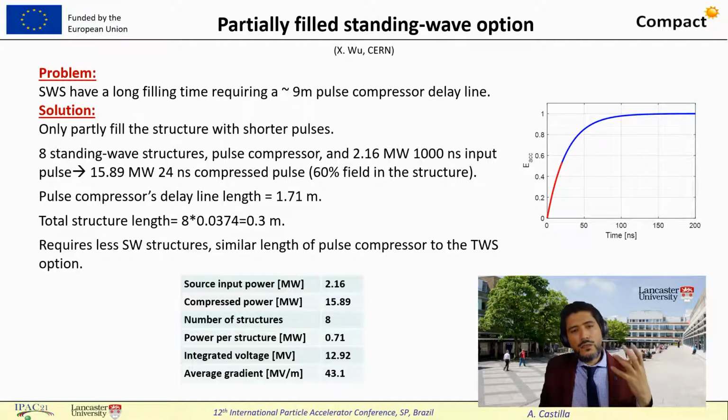This means if we use essentially the same SLED pulse compressor design that we have developed for the traveling wave structure, and we have 8 different standing wave cavities that come up to about 30 centimeters, which is the same length as a traveling wave structure, and a 24 nanosecond pulse that we can get out of this pulse compressor, we will fill the cavities only 60%, but it will be enough to generate about 12.9 megavolts in this 30 centimeter long multiple standing wave structure.